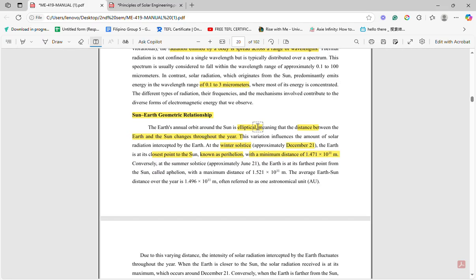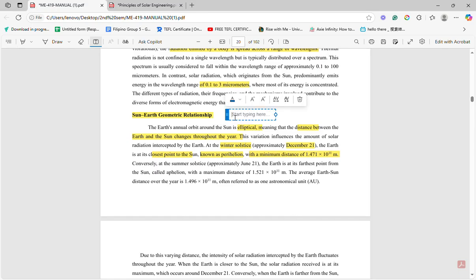And perihelion typically occurs, remember this, on January 3rd or 4th. So remember this again, winter solstice occurs approximately on December 21 or 22.